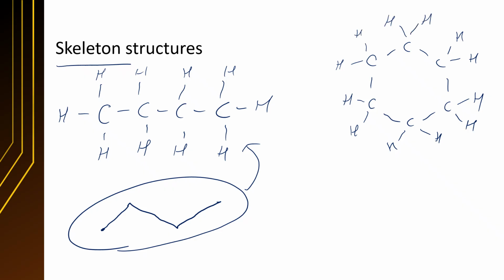Each carbon has 4 bonds, so it winds up being C6H12. But what's cool about this is that we can just represent this with a hexagon, because each intersection there is a carbon, and we know that each carbon needs 2 more bonds to give it 4 total. So this is the same as this, and you get some really interesting compounds and shapes when you're drawing.